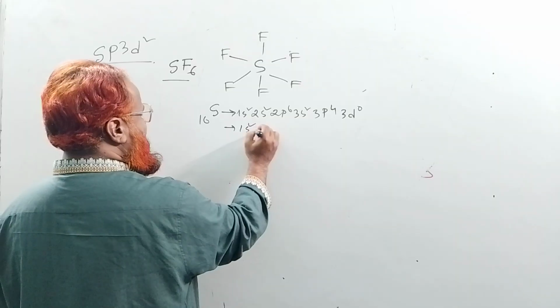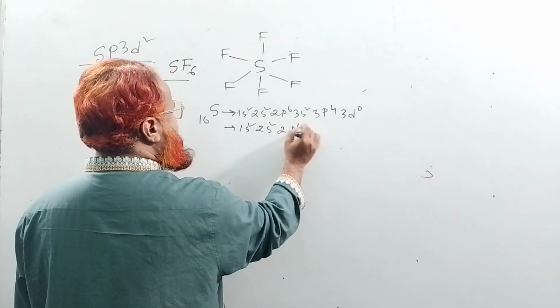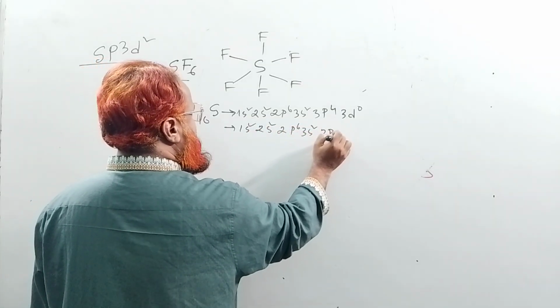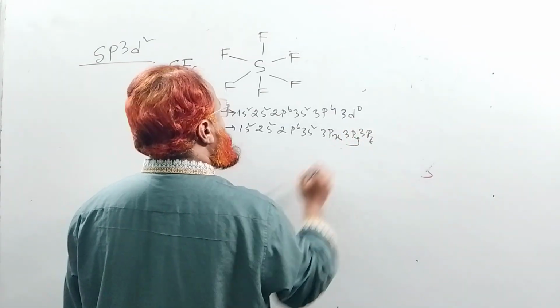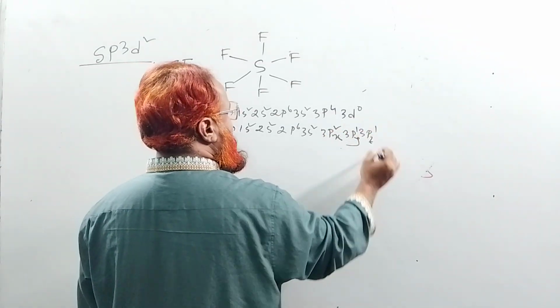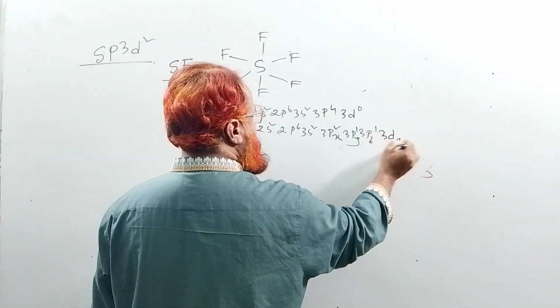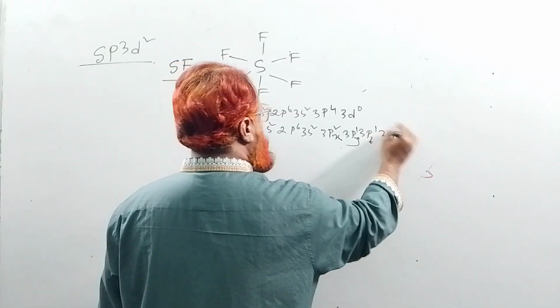Now if we make it excited, 3px, 3py, 3pz, so it will be 2, 1 and 1. So 3d is also 0 at normal state.